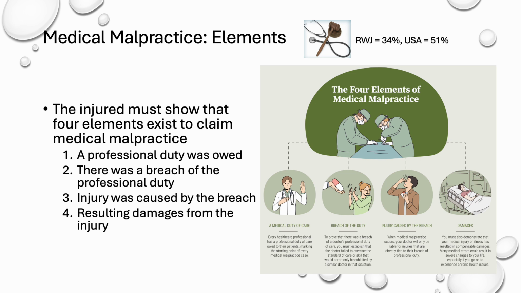And so we can see from the little picture to the right here a little bit more about what these things mean. That medical duty of care was present, that there was a breach of this duty, that there was an injury to the patient because of this breach, and that also ultimately that there were damages based on this. Damages can be defined in any number of ways that we won't necessarily go into here, but in general that in some way the patient suffered damages.